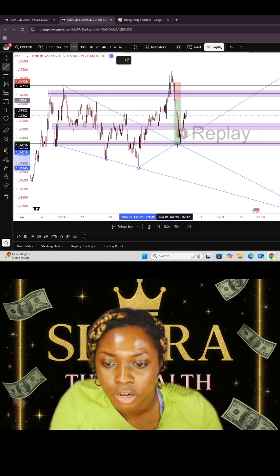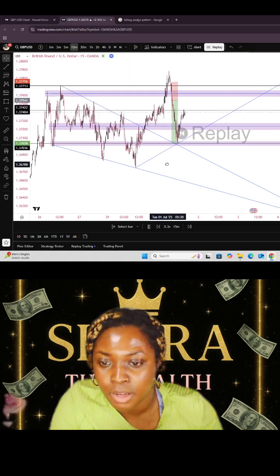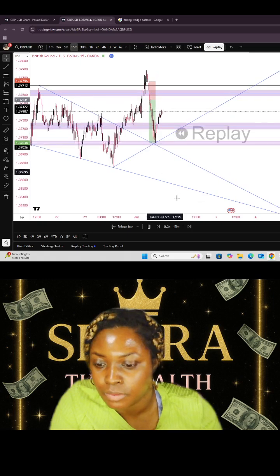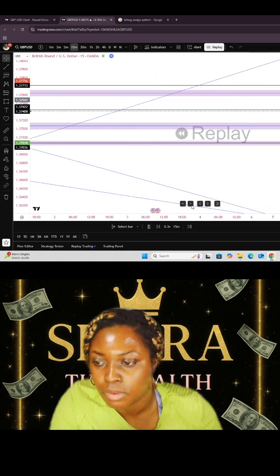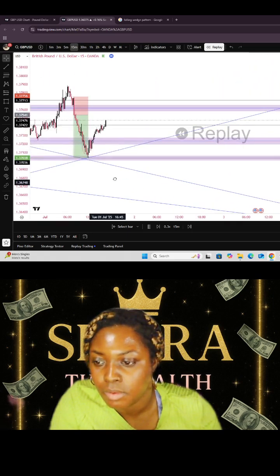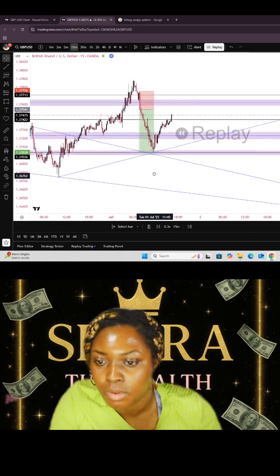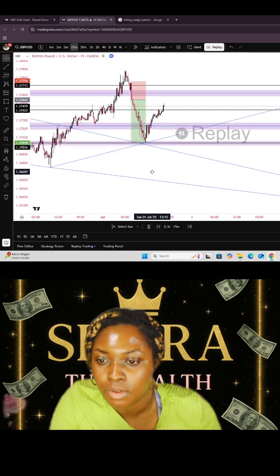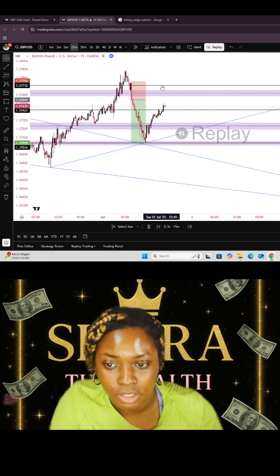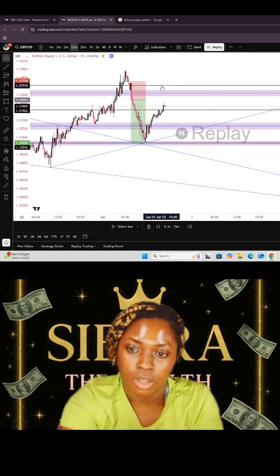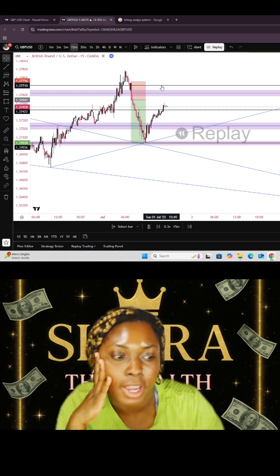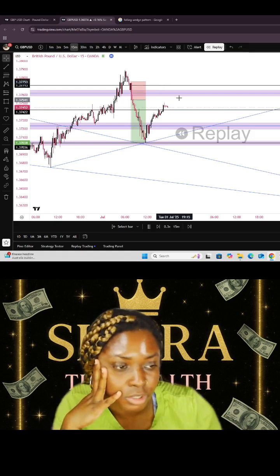So as the chart is moving, I'm just adding more to it. All right. So now I want to see if price is going to come back up to this zone and if price is going to trade outside of this zone or is it going to reject it again?